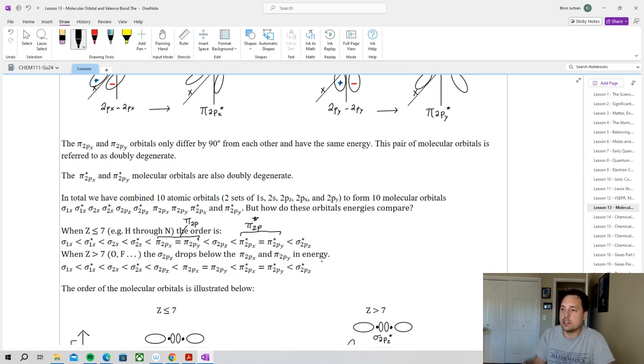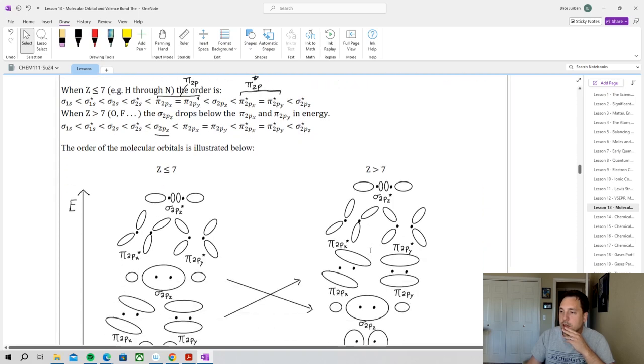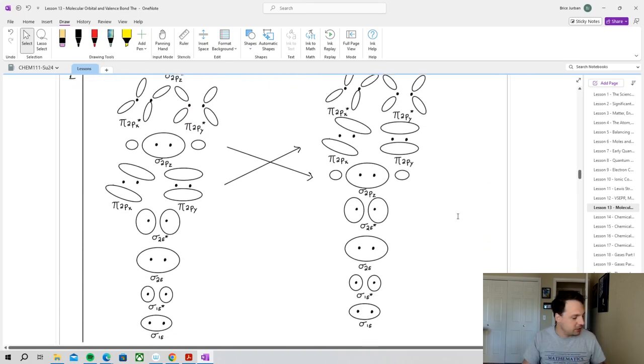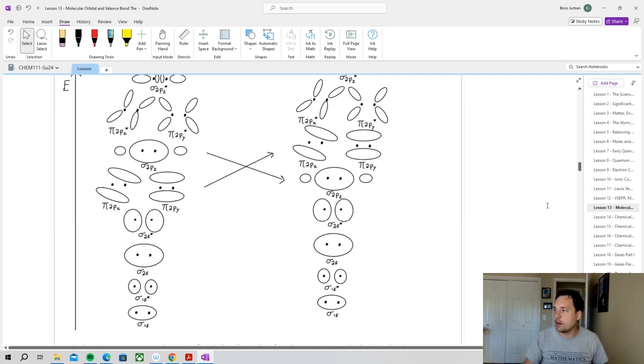For when it's oxygen or fluorine or higher, the sigma 2pz orbital drops in energy below the pi 2p orbitals. So this one is lower in energy. And we can see that depicted here.